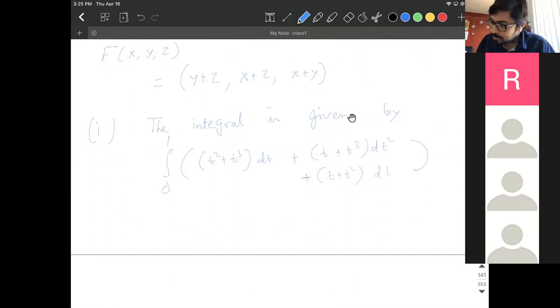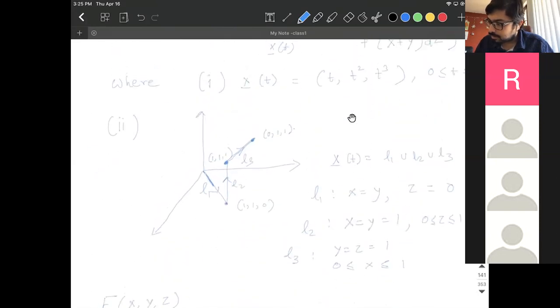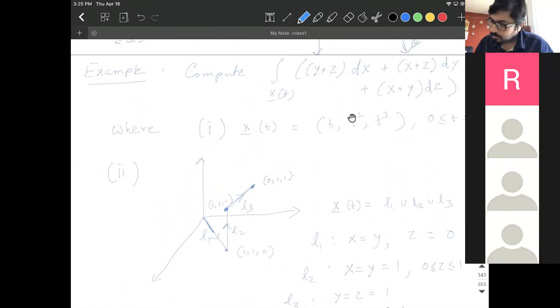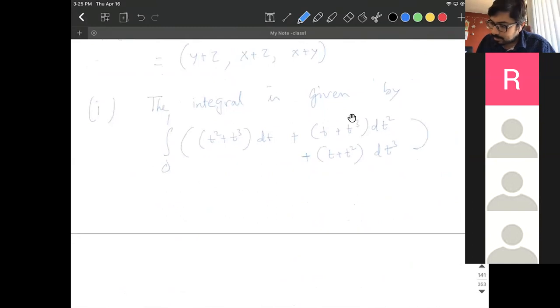Once again, you have to compute d of t cube because you are computing everything on this path. So finally, we have 0 to 1, t square plus t cube dt, plus 2 times 0 to 1 t plus t cube dt, and this is 3 times dt.